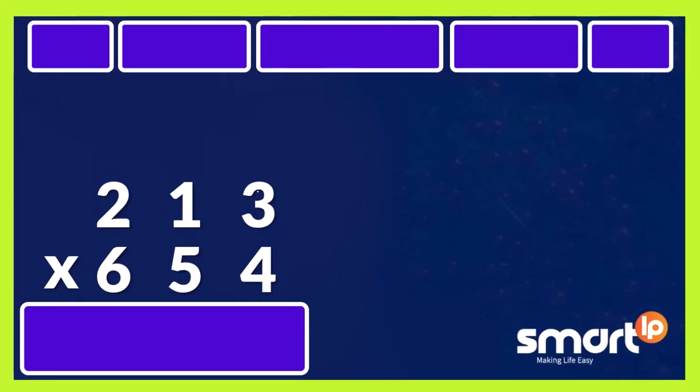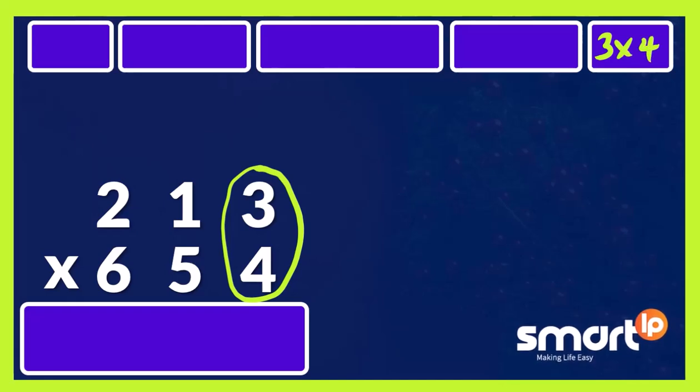The last digits are 3 and 4. Multiply them together, and put the result in the last box. So let's just write 3 times 4 first.